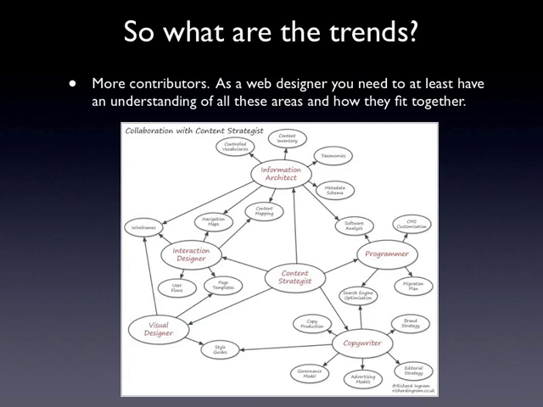You need some concept of programming if you're going to create dynamic websites, and then you still need your traditional visual design skills, interface design skills, and more. What's overlooked is the importance of your interaction design skills, how the people are interacting with these massive quantities of information through these interfaces.